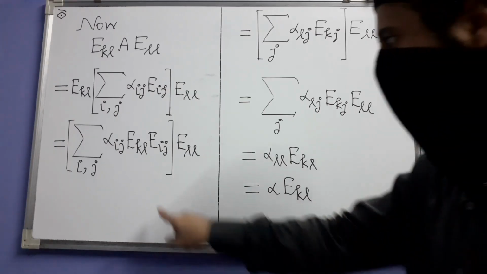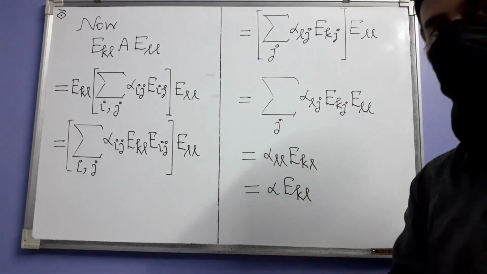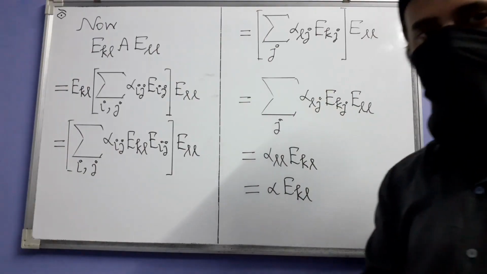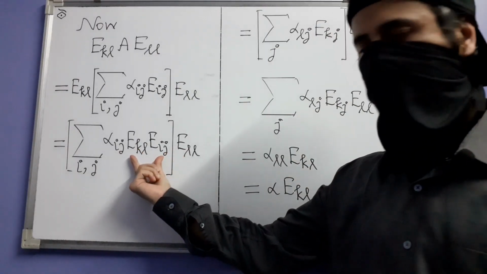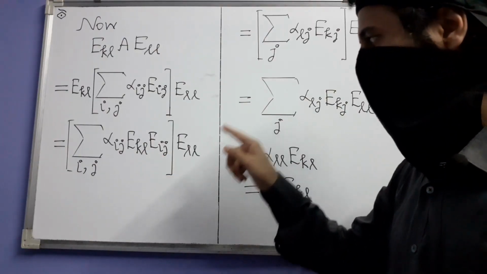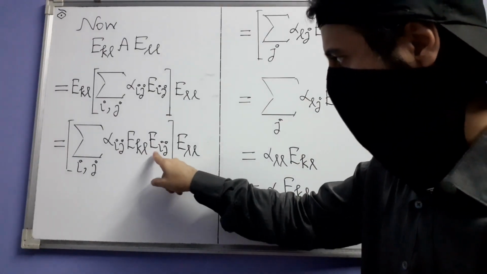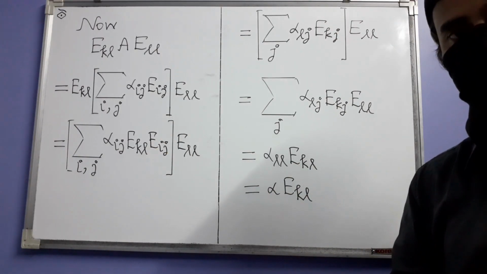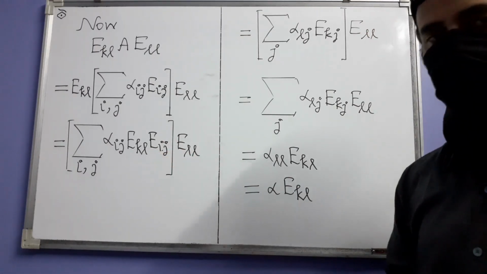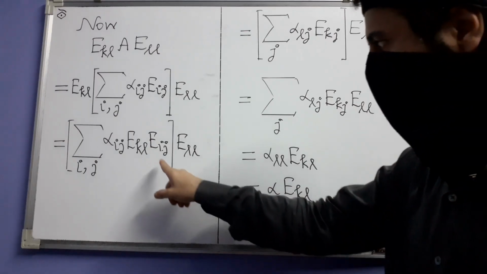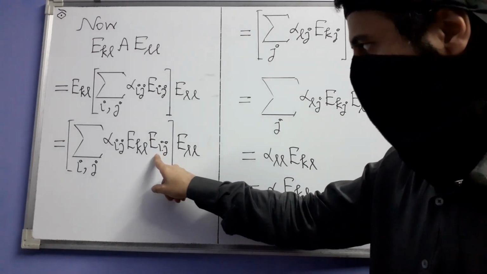Now note that K and L are fixed, but I and J are varying, and just now we saw what happens when we consider this product. This product is 0 if the inner indices are different, but is not 0 if the inner indices are same. Now what is the inner index? The inner index is I.